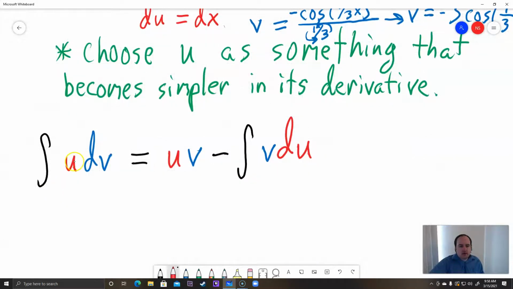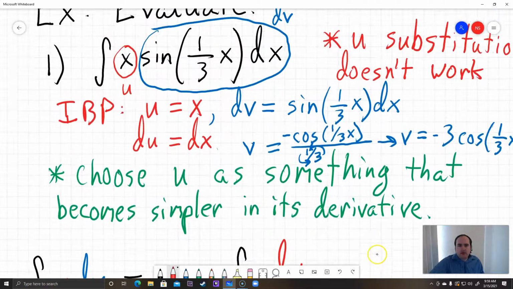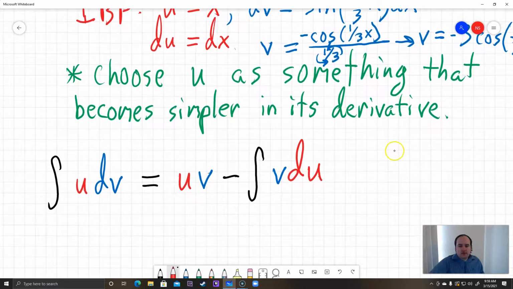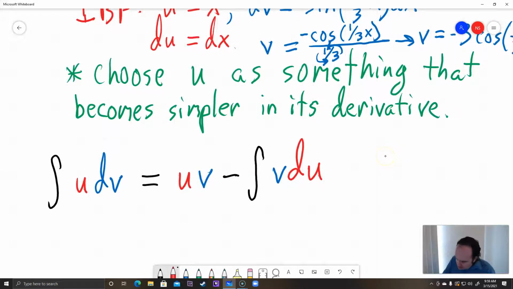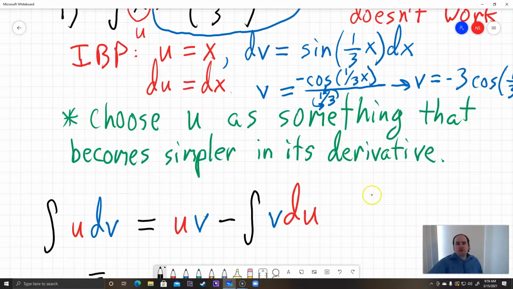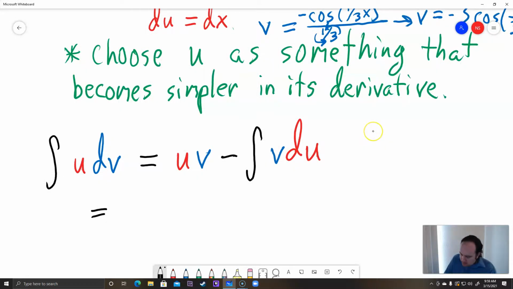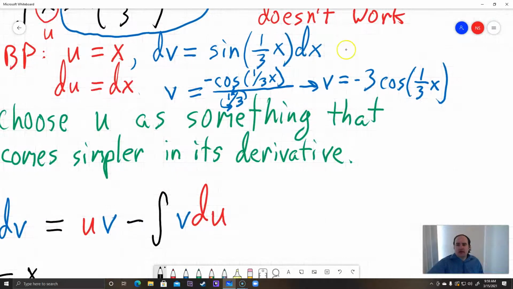Okay, so let's go ahead and plug in the red and the blue functions in here. So the integral of u dv on this problem is going to be uv. So here we said u was x. And then v, we calculated, was negative 3 cosine of 1/3 x.